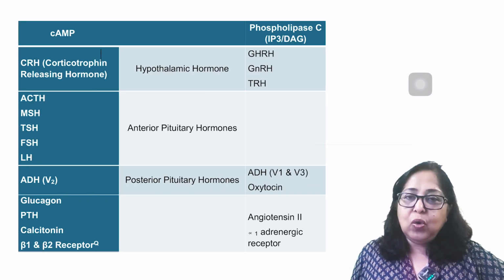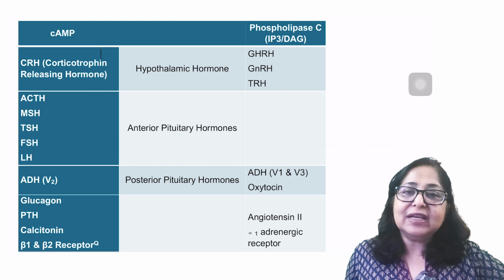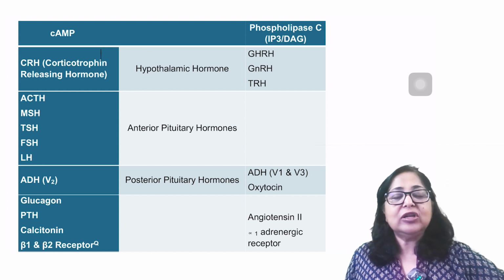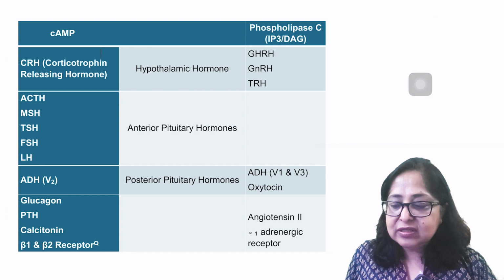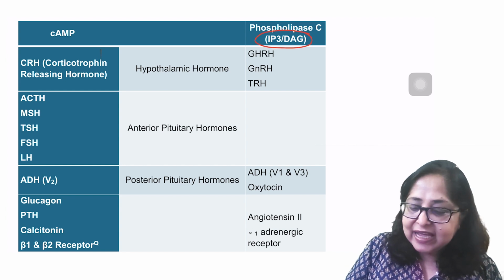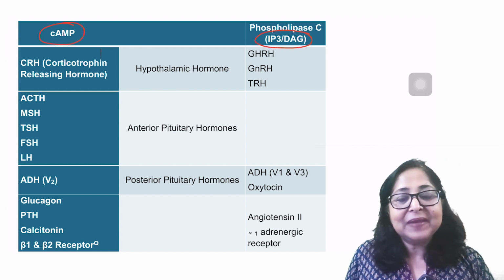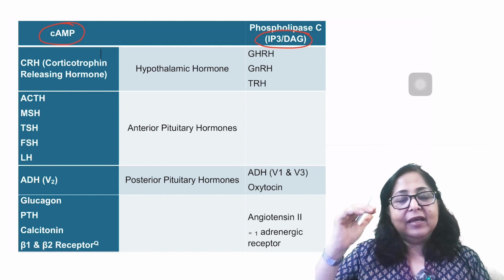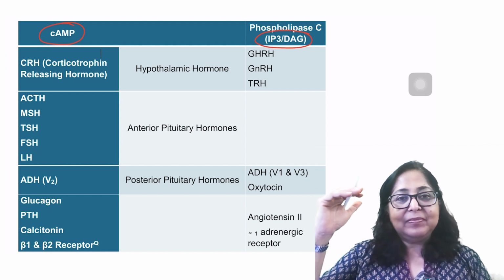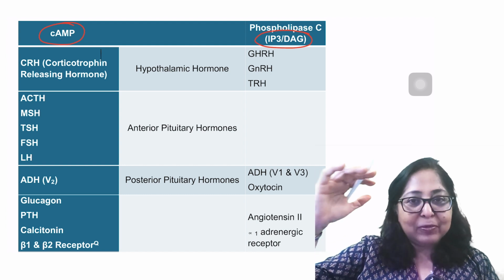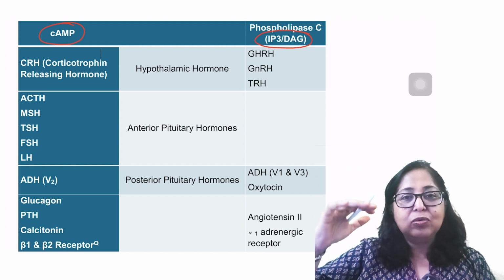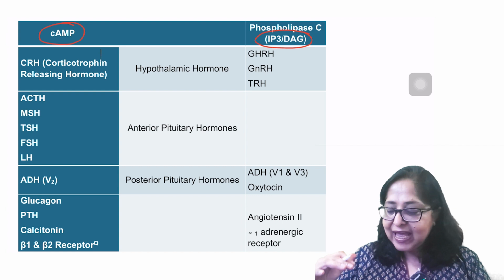Let's have a look at which are the hormones which use cyclic AMP and which are the hormones which use inositol triphosphate and diacylglycerol. So the way to remember this is, let's look at all the hormones as hypothalamic, anterior pituitary, posterior pituitary, and miscellaneous.